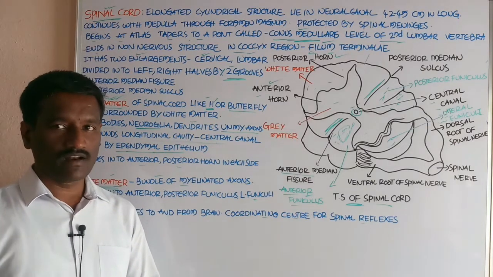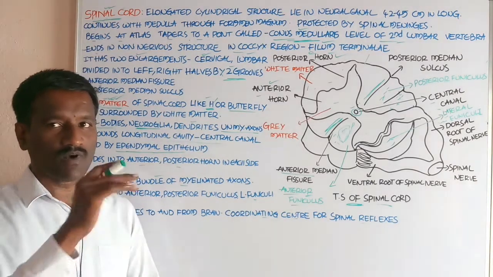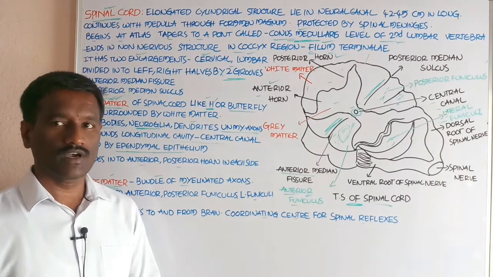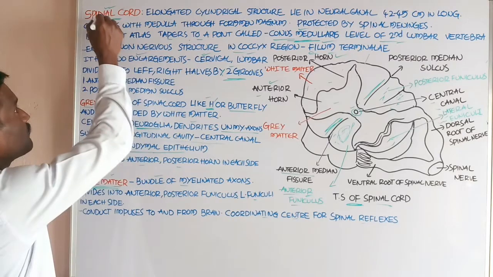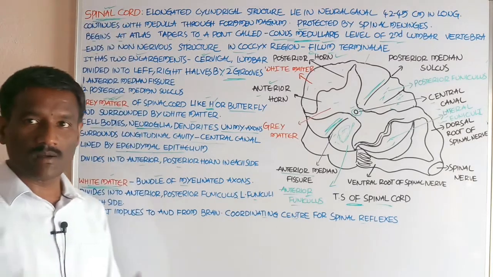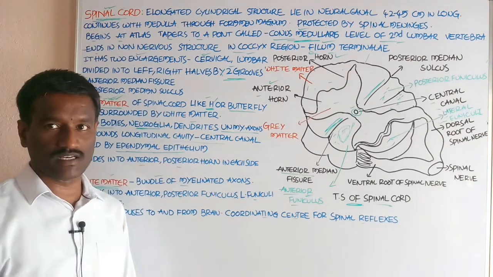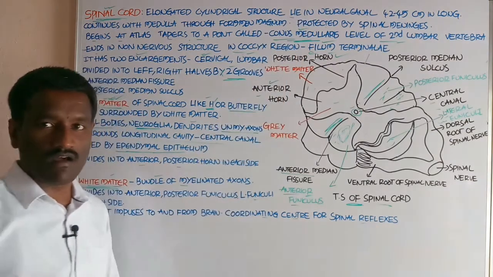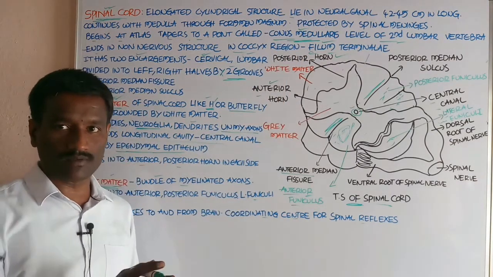The spinal cord is also one part of the central nervous system of man. If you observe the structure of the spinal cord, it is an elongated cylindrical structure and lies in the neural canal of the vertebral column.